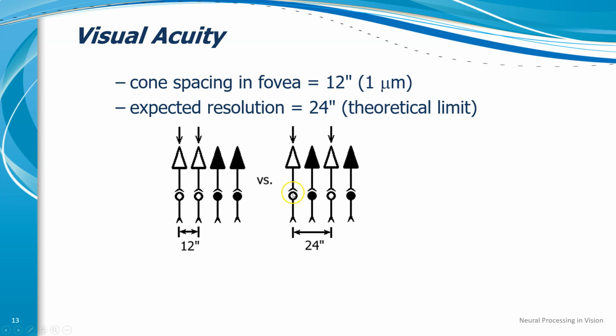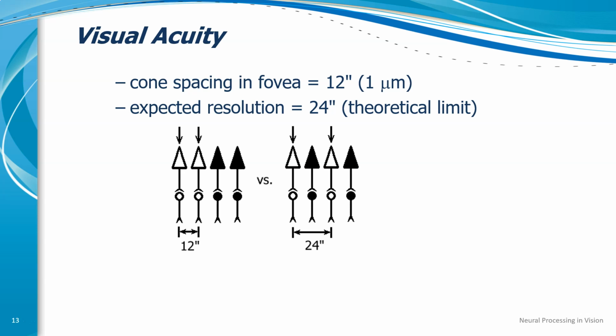We've got an active neuron, an inactive one, and an active one. Now we can potentially say and experience that there are 2 separate beams of light. And what we need to get is 2 beams of light that are at least 24 seconds apart. This is the theoretical limit of vision.